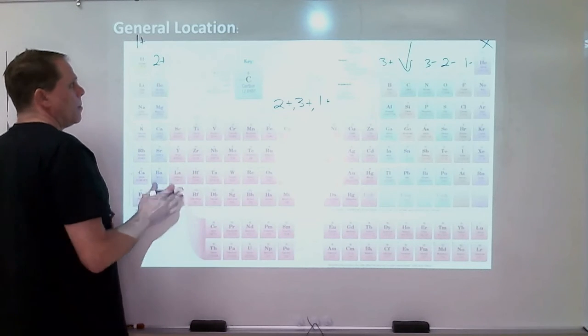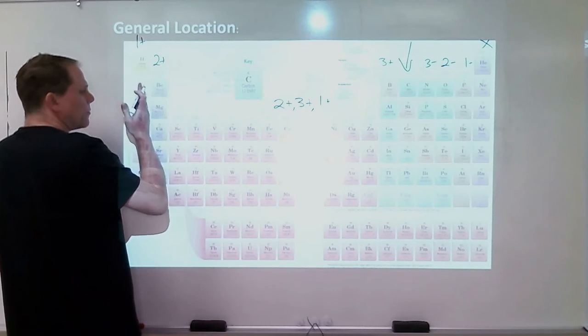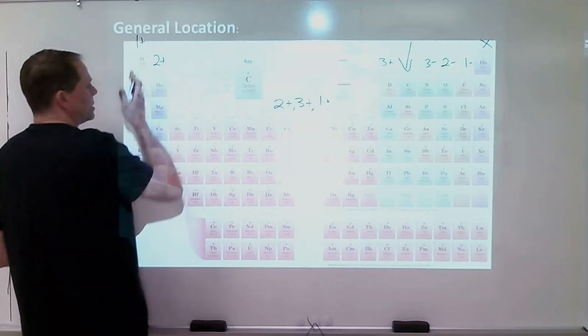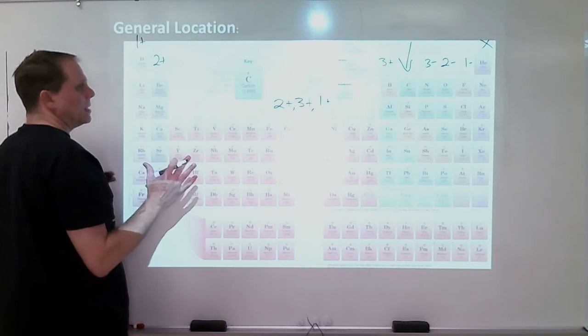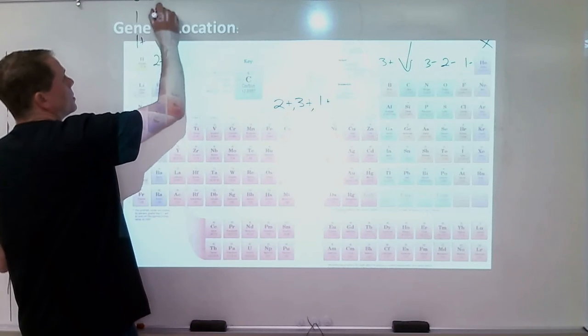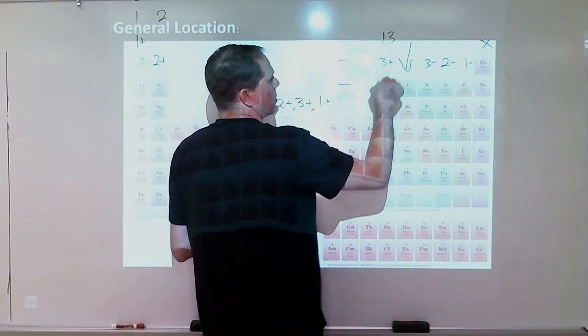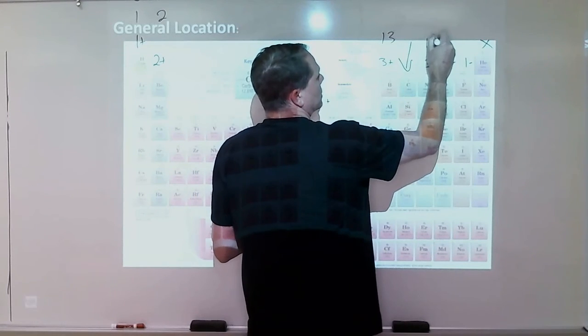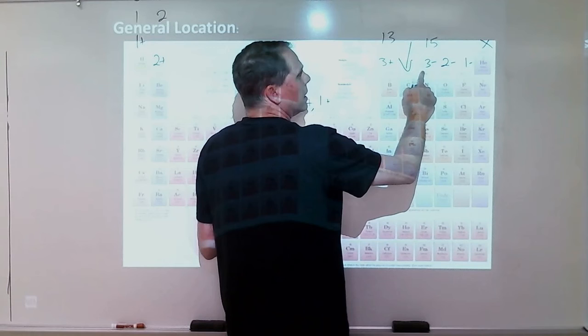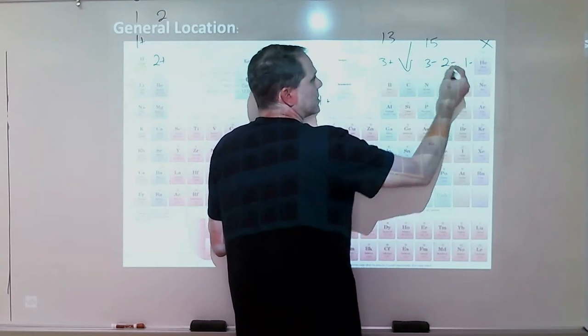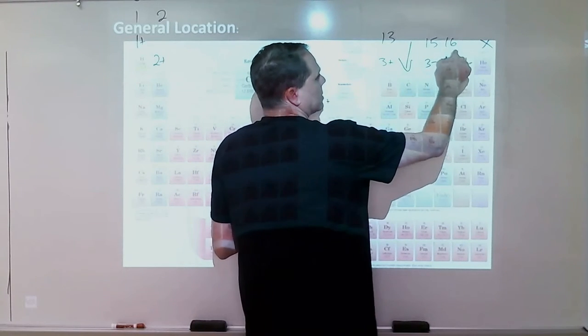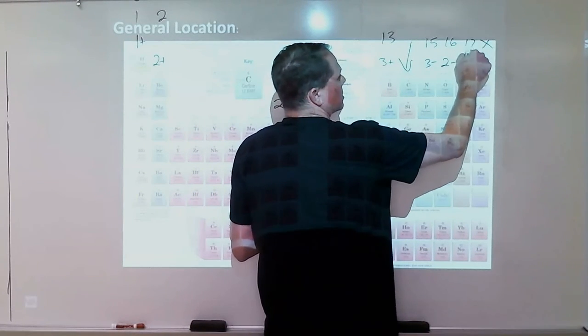They're going to be cations, but you cannot predict specifically what type of ion they will form based upon the column they're in. See, the nice thing here is that this is group 1, this is group 2, 1 plus, 2 plus. This is group 13, it's a 3 plus. You see the 3 and 3? This is group 15, 5 and 3 is 8. Okay, this is 16, 6 and 2 is 8. This is 17, 7 and 1 is 8.